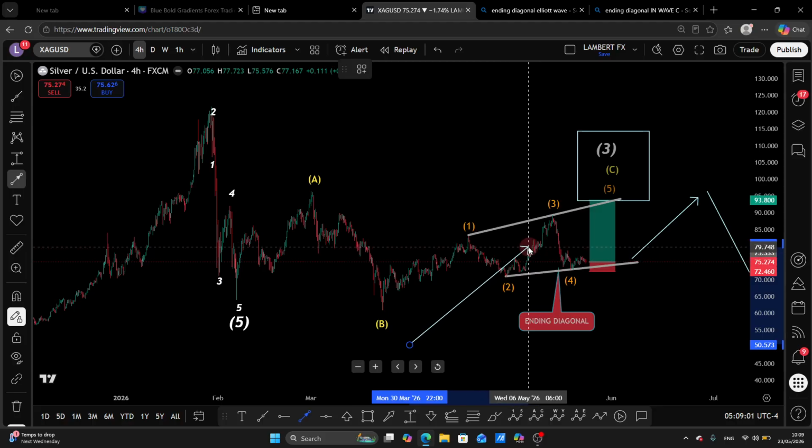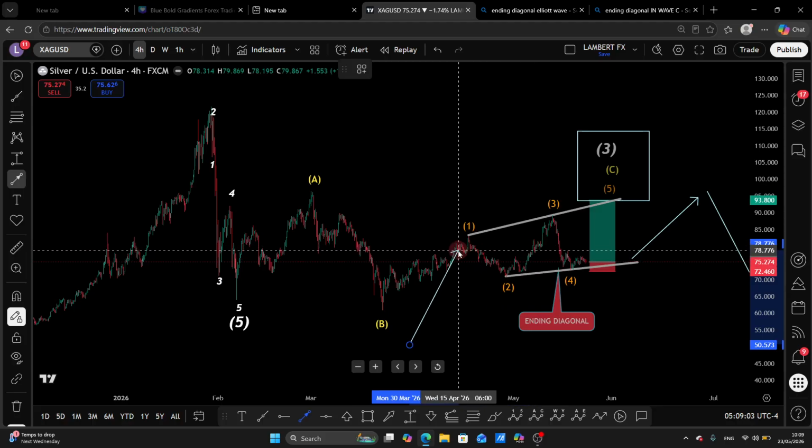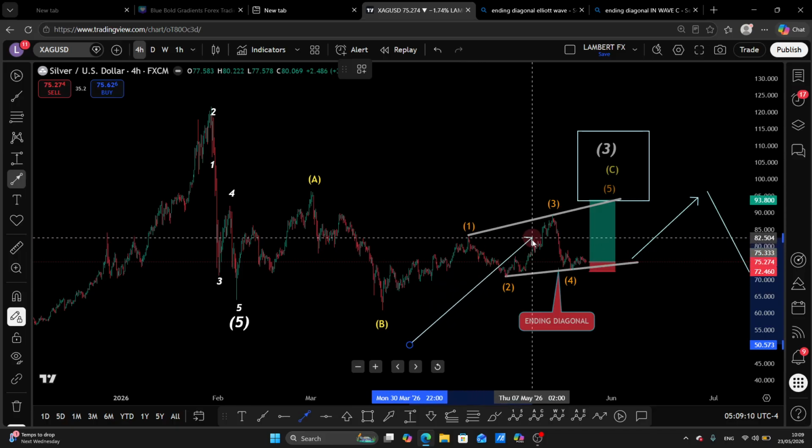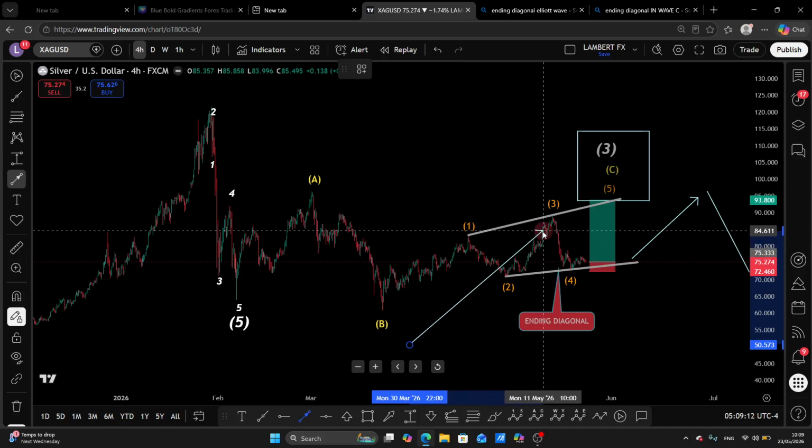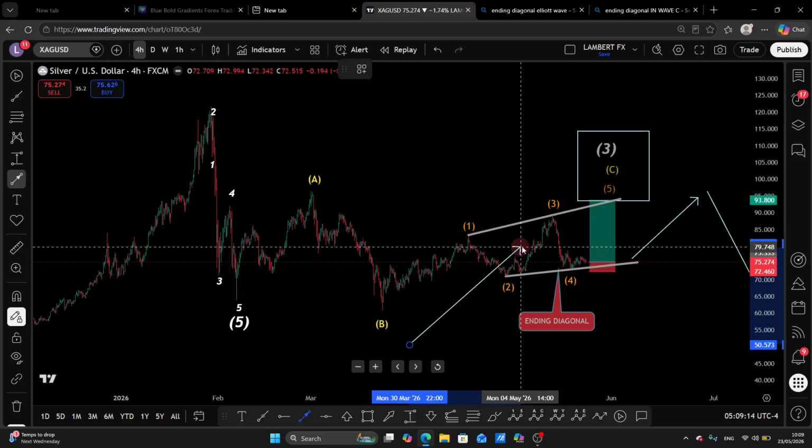So basically your leg 3 is smaller than leg 1, which in an impulsive motive wave is impossible. Your leg 3 should be the longest wave, or must not be the shortest wave.